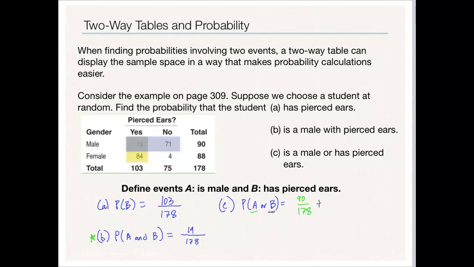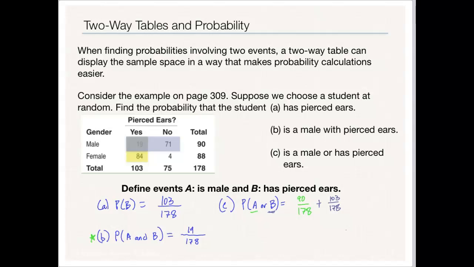Well, that's what we calculated in part A. Oh no, I apologize. Pierced ears is out of 178. What's the total number of people who have pierced ears? 103. Yeah, that's the 103 out of 178.